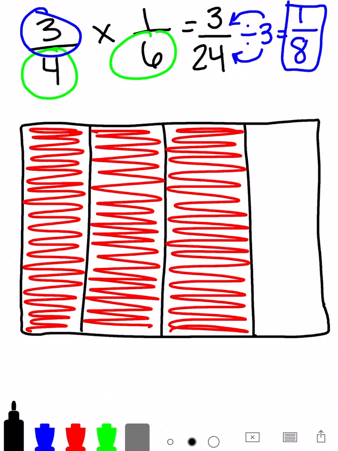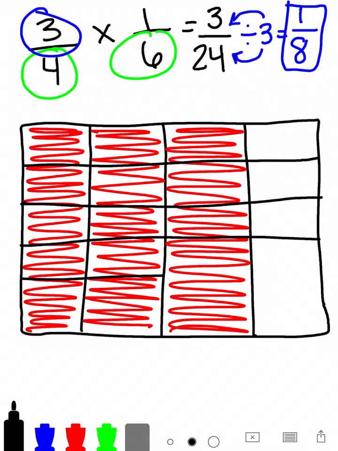And we're going to split this into 6 equal pieces, but we're going to do it the opposite way. So instead of making 6 columns, we're going to make 6 rows, okay? So bear with me while I do this. Pretend it's beautiful. Pretend all of them are exactly the same size, okay? All right, so we now have 4 columns and 6 horizontal rows straight across, okay?